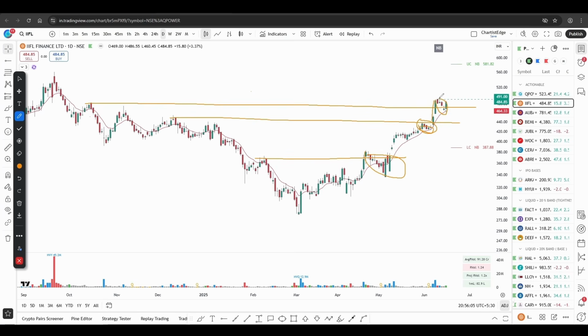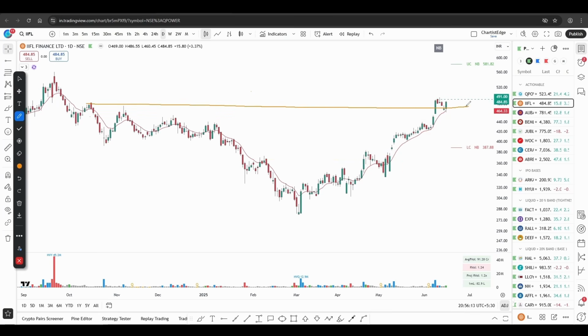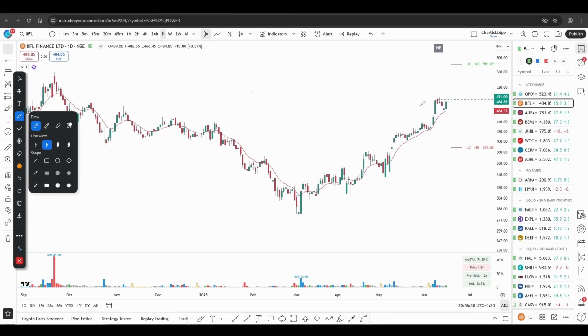If the price had to go down from this level, it would close below the 10 EMA and go down. But what it did was take support from the 10 EMA, bounce back up, and it is contracting where the levels are intact. So this may give you a good breakout and a follow through in the coming sessions.